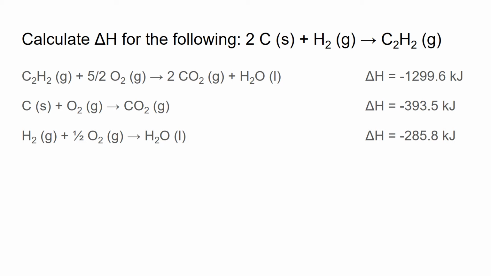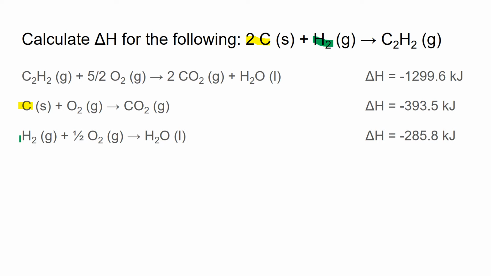What I like to do in these problems is go through and highlight what we have here, and make sure everything's on the correct side. So we have 2C, where's C? The only place I see a C is here. Okay, that'll be my C. H2, where is H2?